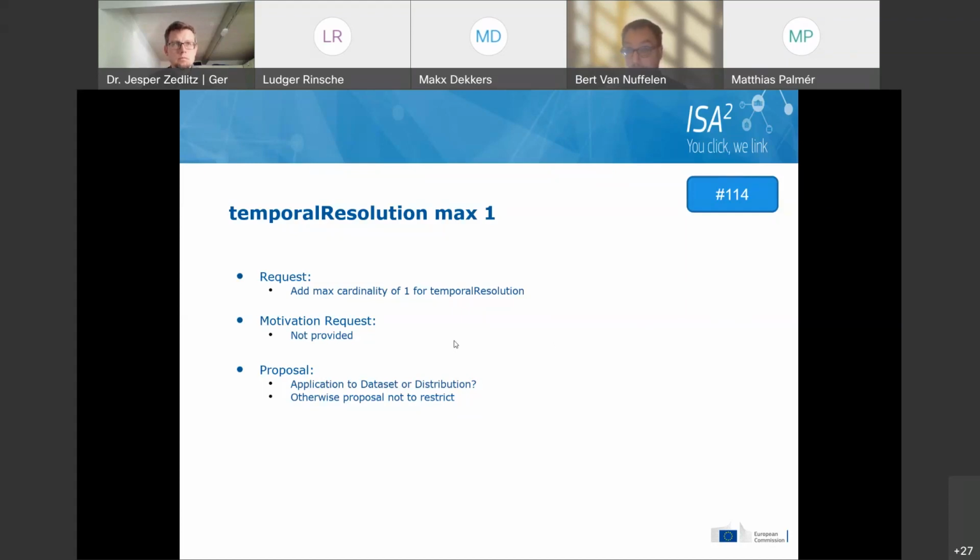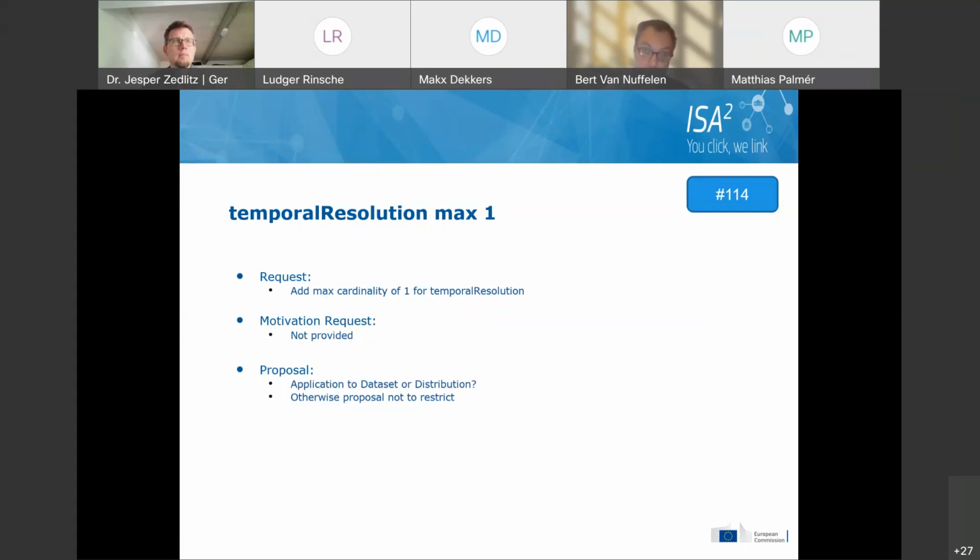Well, it is again a question of the text we are using, the usage note, because the temporal resolution usage note for distribution says this property refers to the minimum time period resolvable, and there can only be one minimal time period resolvable, unless we give the same twice.